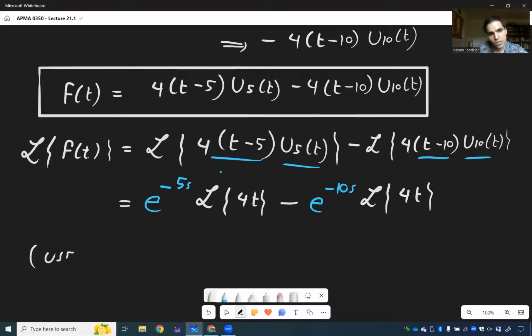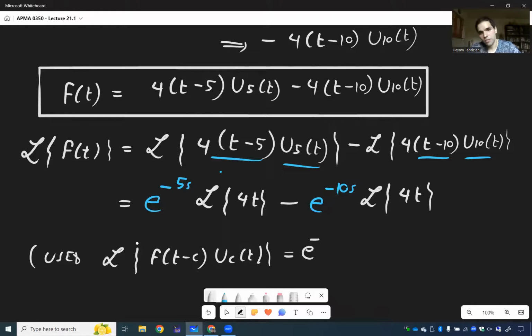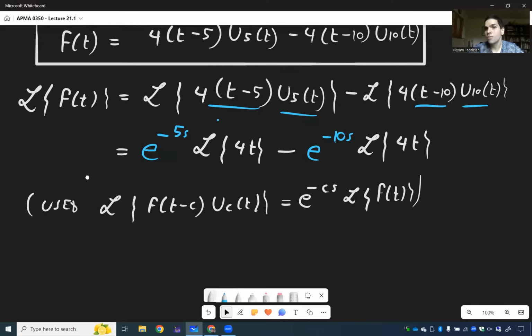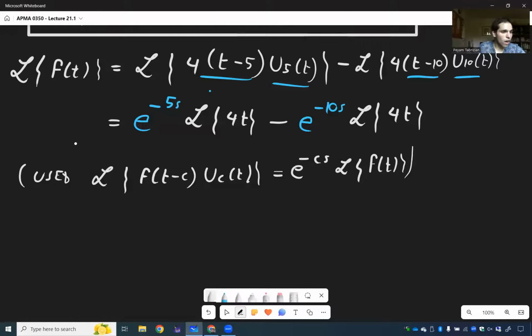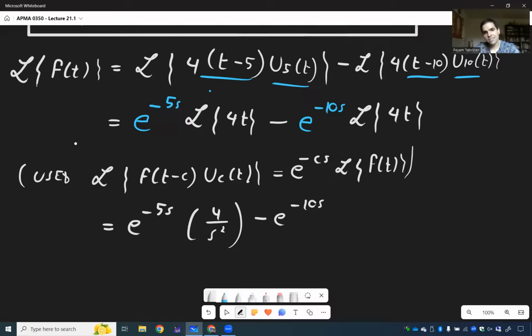So here again, we used that the Laplace transform in general of shift and jump gives you an exponential term, e to the minus cs Laplace of f of t. And then, well, for Laplace of 4t, use that power rule. So it becomes 4 over s squared. So in the end, it's e to the minus 5s, 4 over s squared, and then minus e to the minus 10s, 4 over s squared.